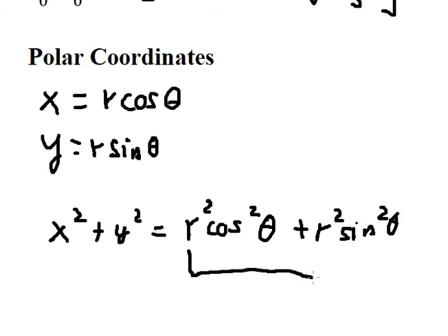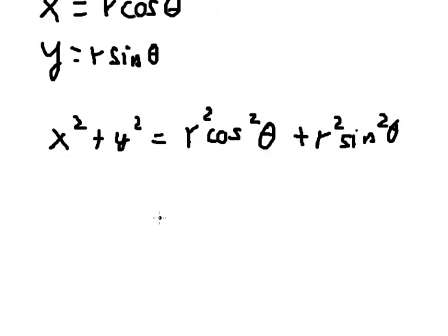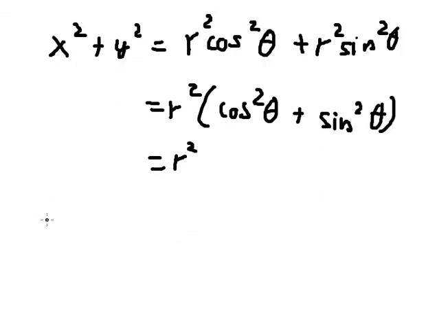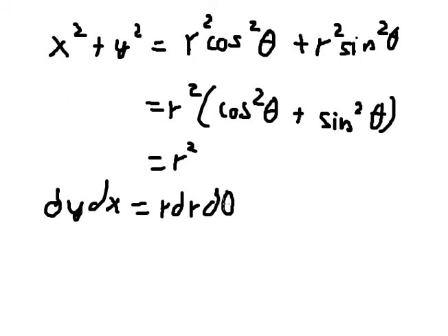We have r square and r square, we can do factorization, and this one equals number 1. dy dx we change by r dr d theta.